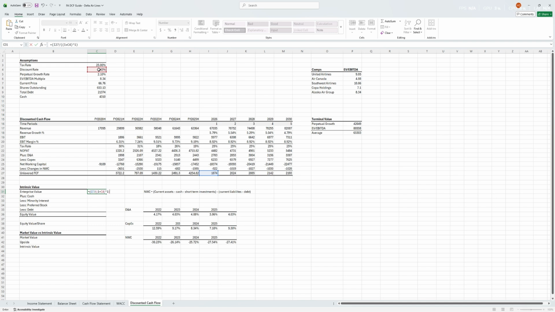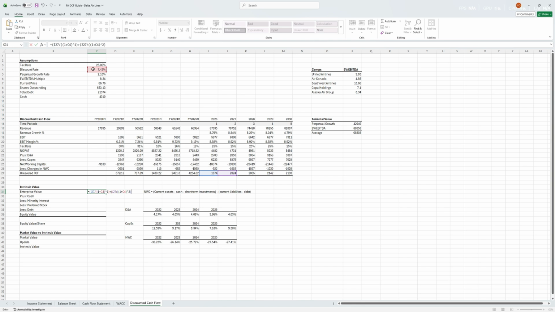Next, we're just going to do this for every year on repeat. So then I'm just going to do a plus sign. Same thing. Take that, then divide that by 1 plus the discount rate. But since this is 2027, 1 more year out, we are going to put it to the exponent of 2 years because it is 2 years out.